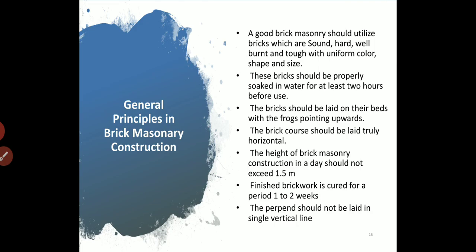Before using the brick in construction, it should be checked for its physical properties, such as its strength, its dimension, its water absorption capacity. The second is, the brick must conform to the designer specification as stated in the project documents.